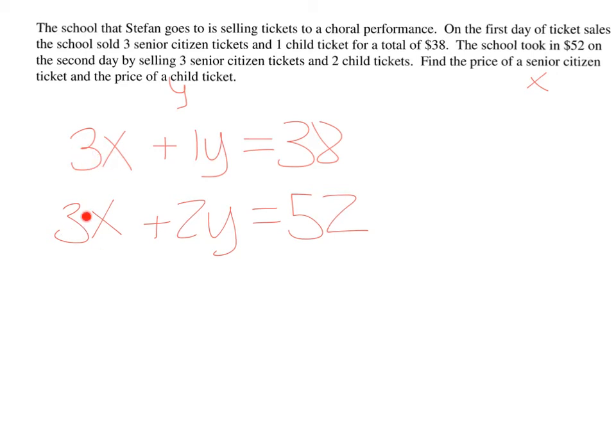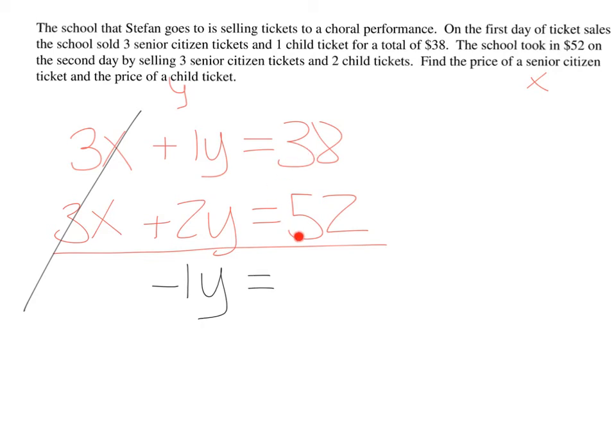We've got 3x and 3x. Anytime we have numbers that are the same, we are going to subtract. To eliminate when the numbers are the same, we subtract. So 3x minus 3x, that's where the elimination comes in. 1y minus 2y, that's going to be negative 1y or negative y.